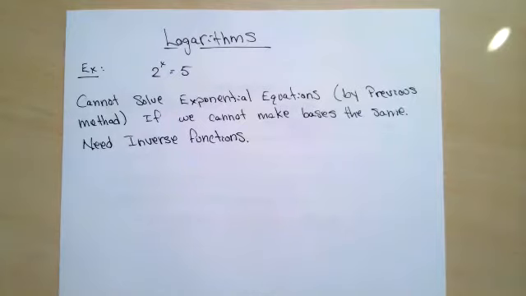So we've talked about inverse functions, but we haven't quite seen a whole lot of inverse functions. We've done some basic problem solving of finding inverses of a line, finding the inverse function of rational functions, but logarithms are probably the first big use of the properties of inverse functions.